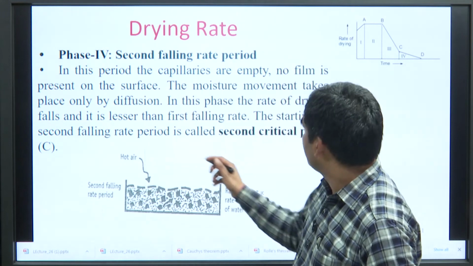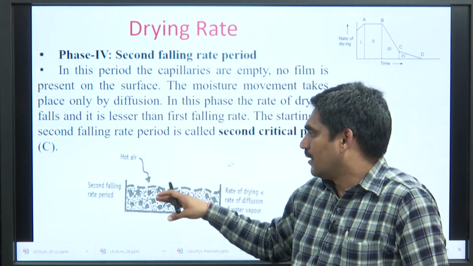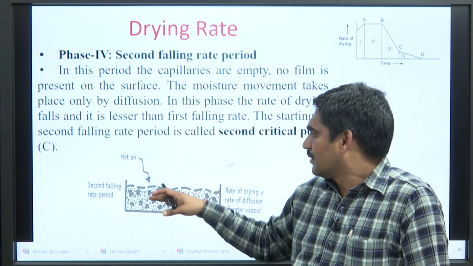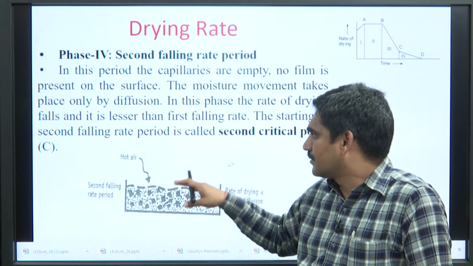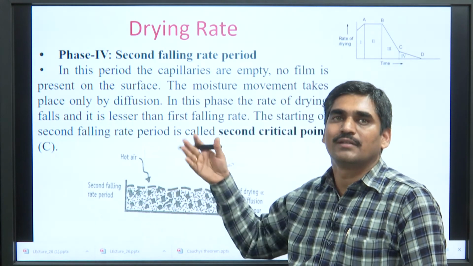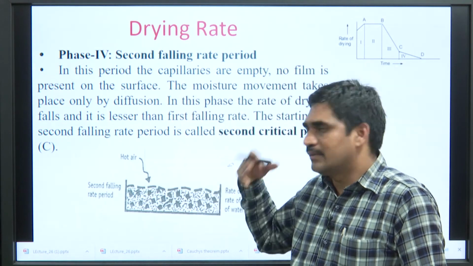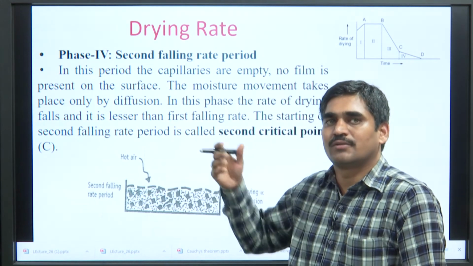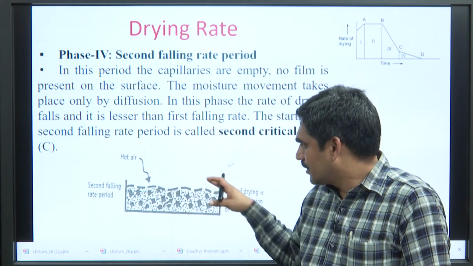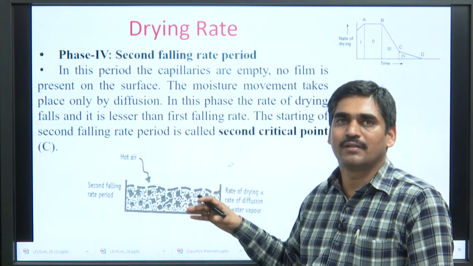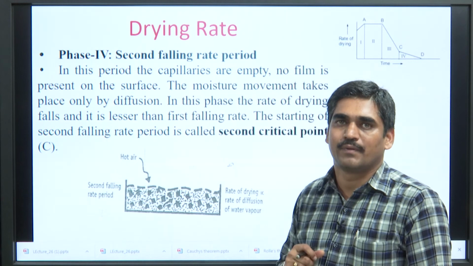If you see the diagram, as we proceed further, the temperature is increased and the number of dry spots has increased enormously, because the moisture present in the interior of this particle has been removed.